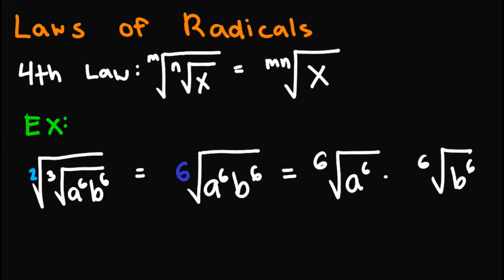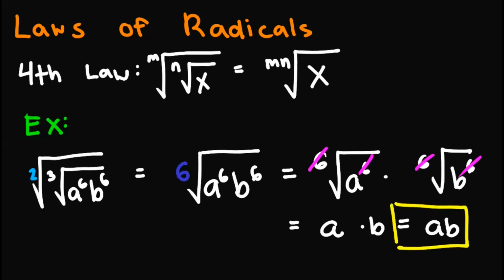Then we can apply now the first law, since we have same index and exponent out here. So these will just cancel out, and we'll obtain a times b, or ab. And that is the answer for this problem.